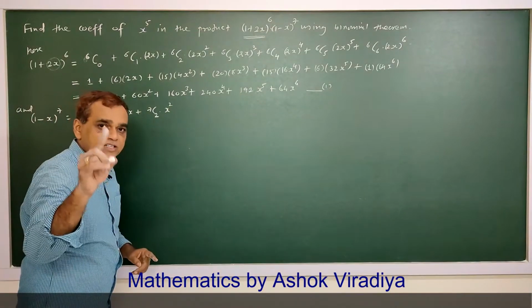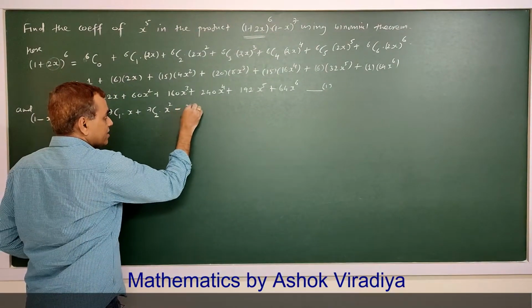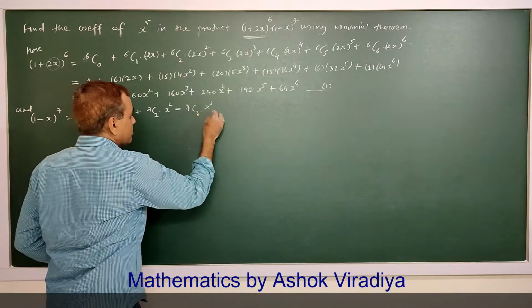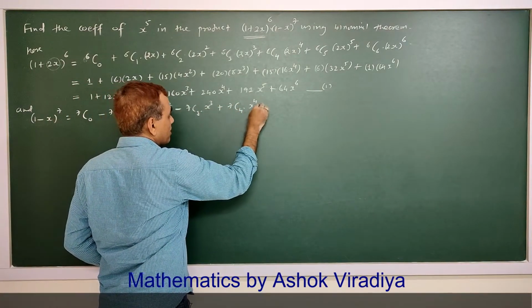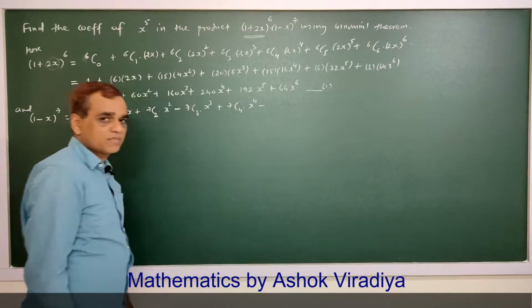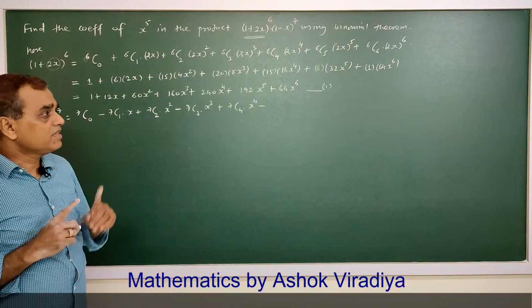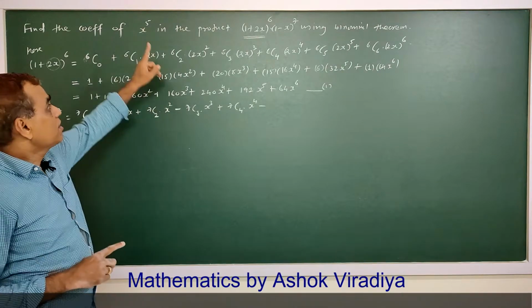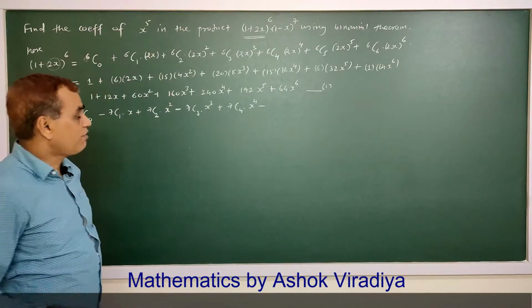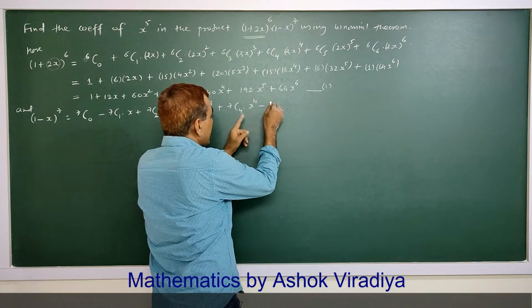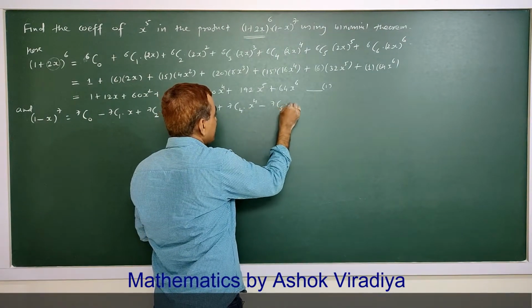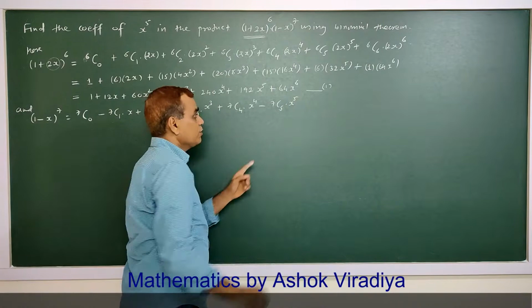Here we keep alternate signs. Minus nC3 x cube plus nC4 x raised to 4 minus, now see here we want the coefficient of x raised to 5. So next after this x raised to 4, next is minus 7C5 x raised to 5.